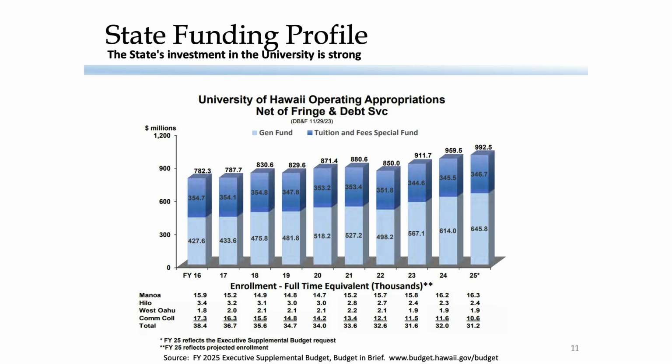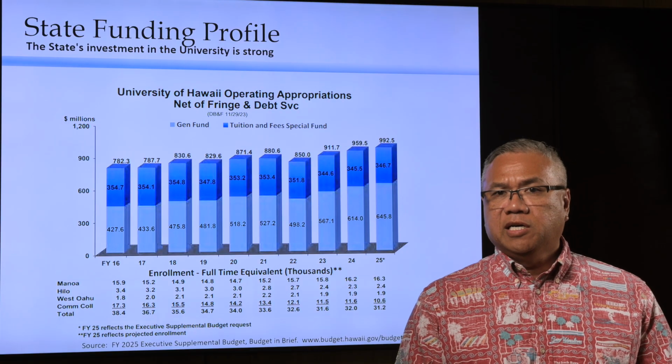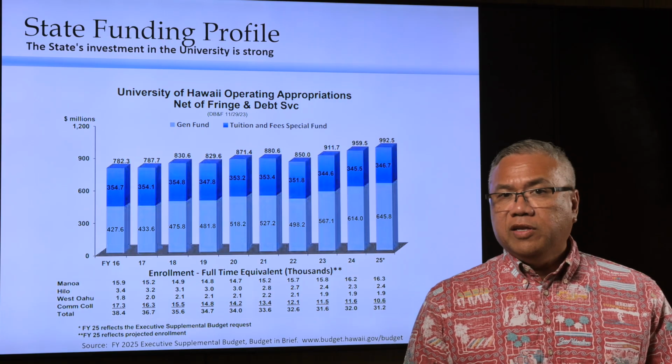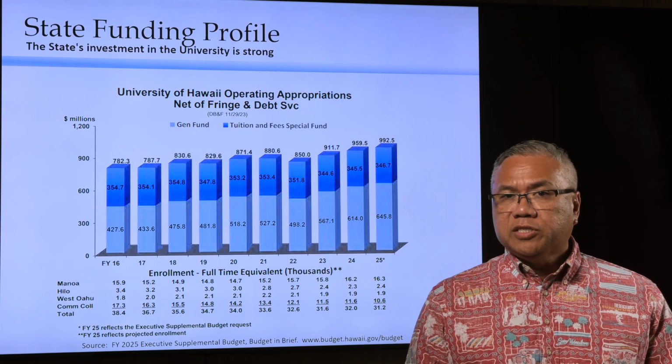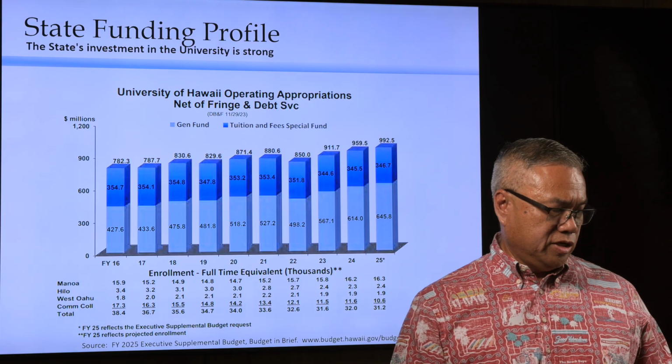And I would say that the amount of funding that the University of Hawaiʻi receives in public funds from our state is actually a very commendable level. I believe it puts the University of Hawaiʻi system somewhere in the top third, maybe even in the top 10% of all states and all state-funded institutions or systems in the country.